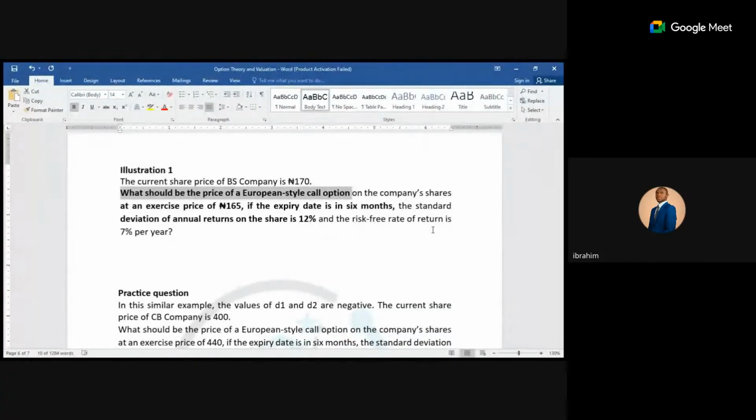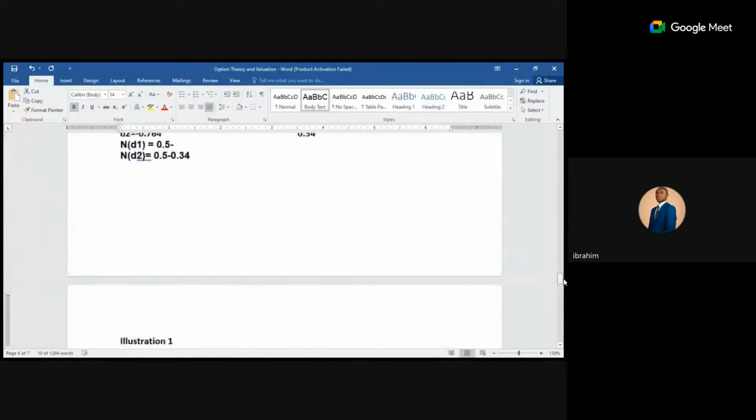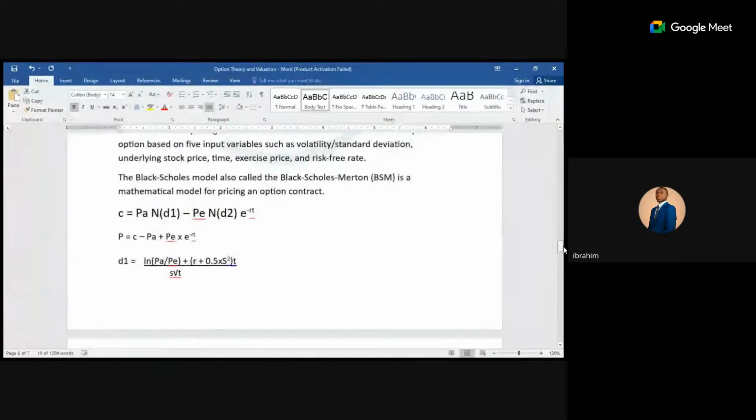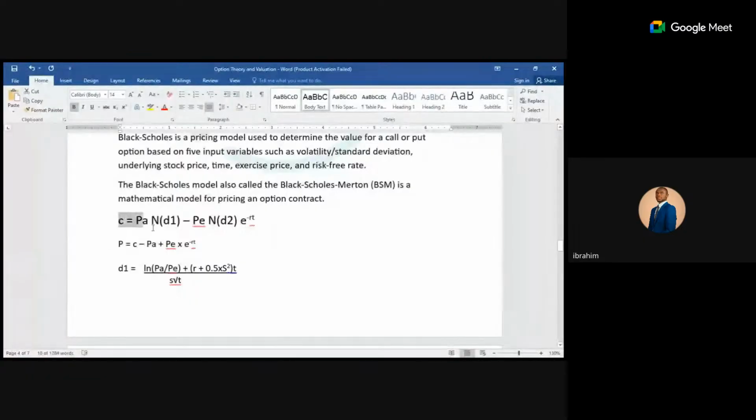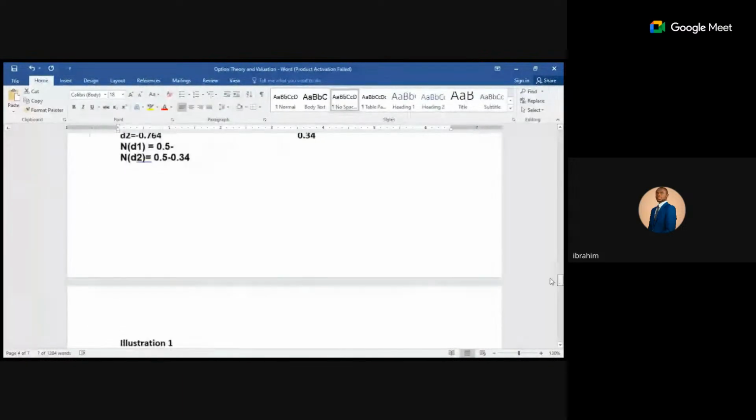The Black-Scholes model makes use of European style options to determine the value of a call option or put option. So from our formula, we need the 5 input variables.